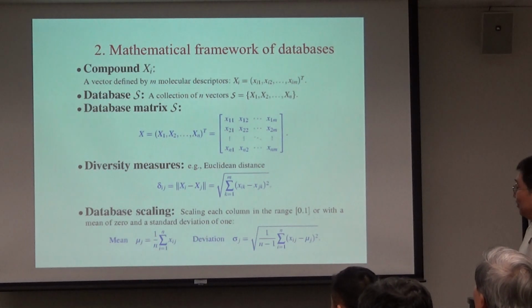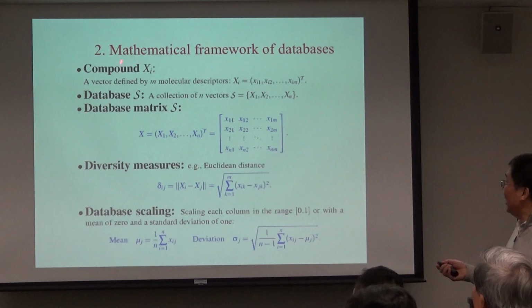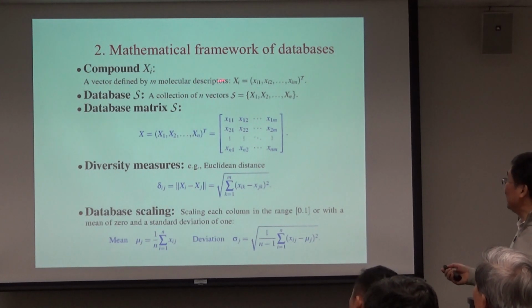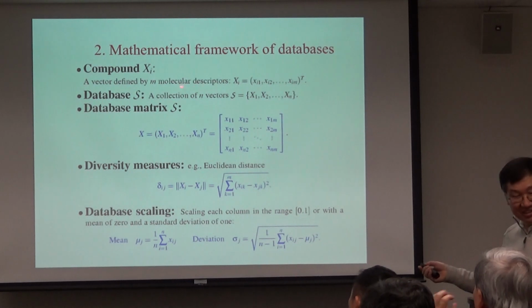Okay, we set up to deal with such problems. Like I say, now we use a vector, just a number vector, to describe a compound. And then the database is simply a collection of these vectors.